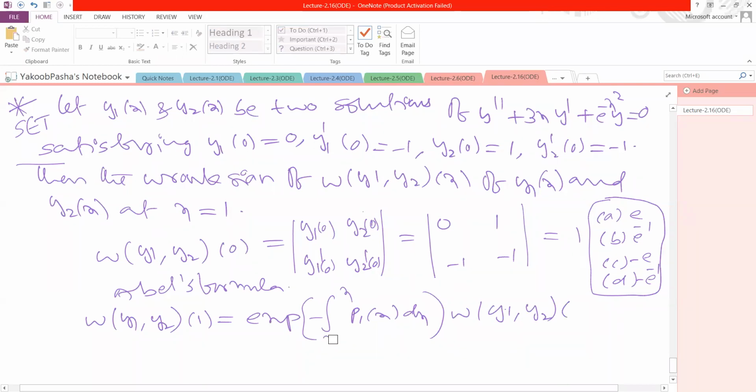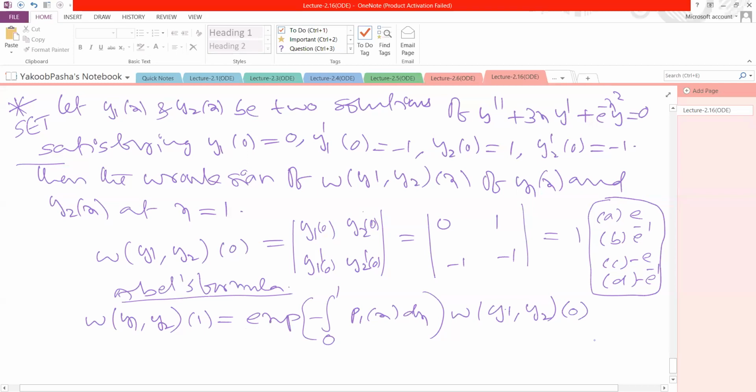Here x naught is the initial value, 0, and x is the terminal value, that is 1, which we are given. Okay, this is the formula.